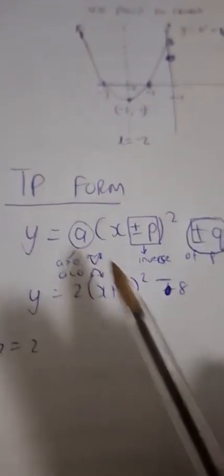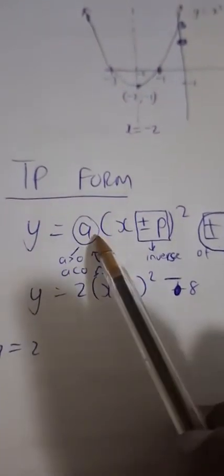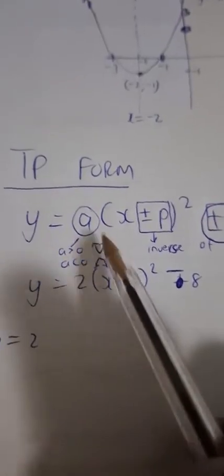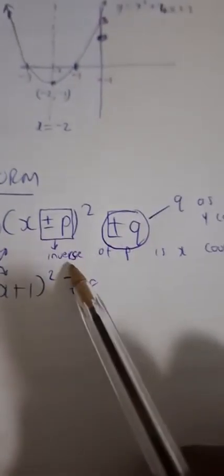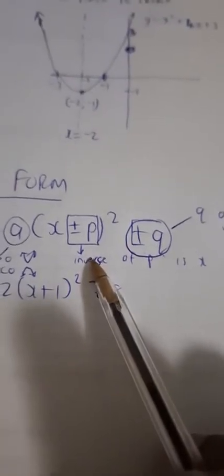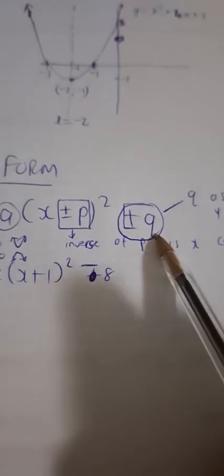So I'm saying a obviously speaks to the shape, nothing has changed. The inverse of p is the x coordinate of the turning point, and q as it is, is the y coordinate of the turning point.